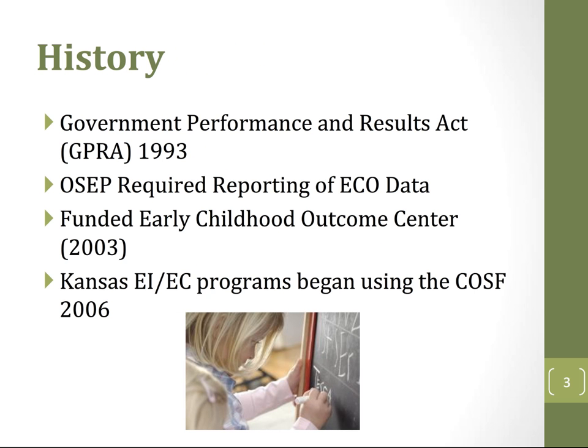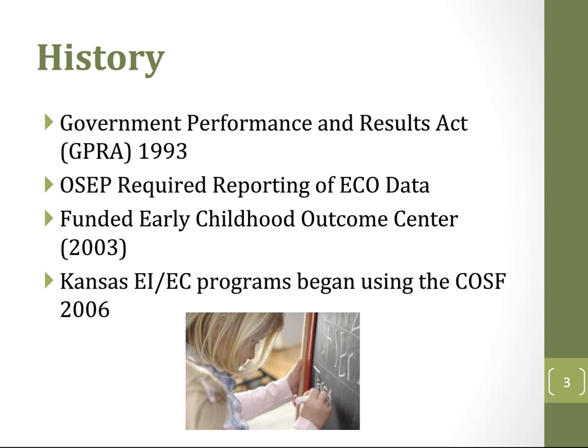We are in an age of accountability, which increasingly means looking at results and not only the provision of services. In 1993, the Government Performance and Results Act required all federal programs to report data on results. In their review, the Office of Management and Budget had found that Part C early intervention programs and Part B preschool programs did not have data to show their programs' effectiveness or results.